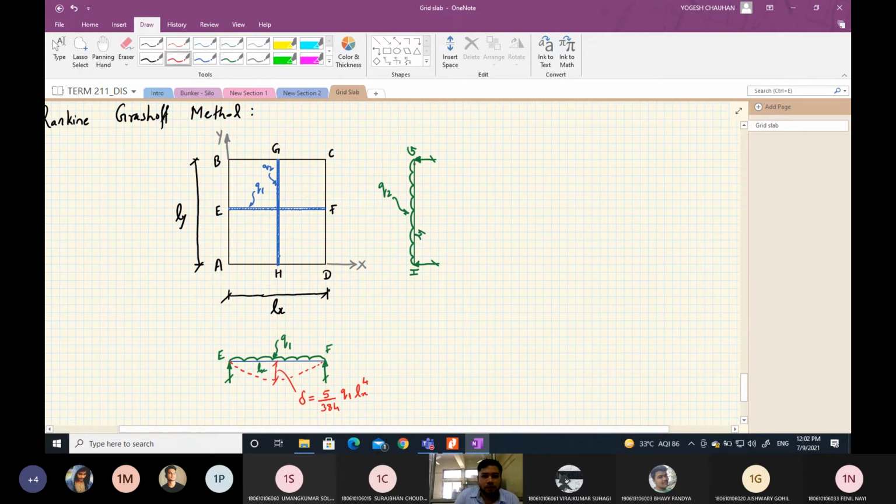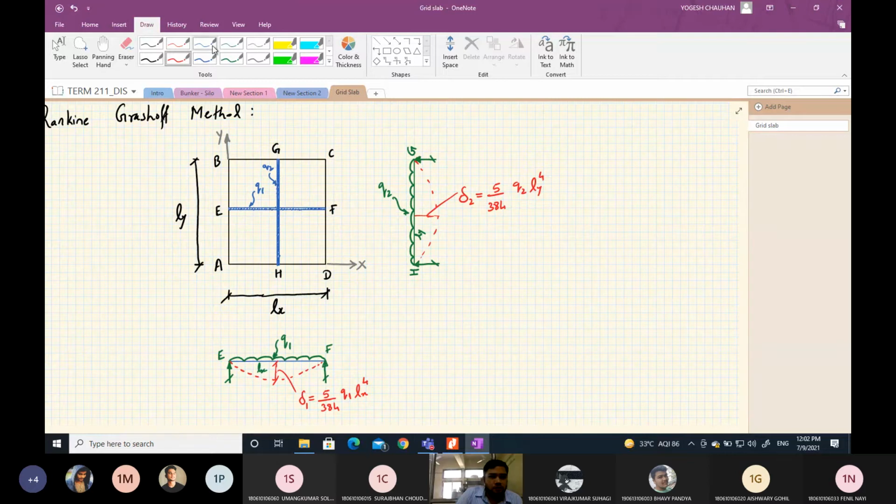Now let the deflection at the center be delta. Let us call this delta 2, equal to 5 by 384 times Q2 Ly raised to the power 4.